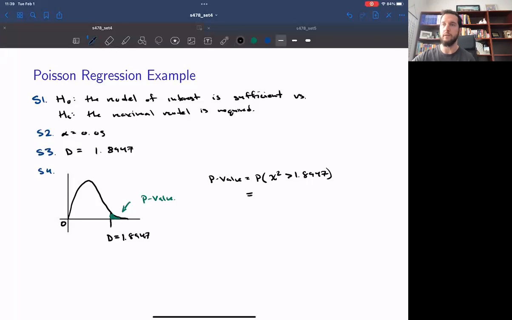From R, and again, we're going to show how this is true, you can find the p-value directly. The chi-square is going to be on n minus p degrees of freedom, so we have 1, 2, 3, 4, 5, 6, 7, 8, 9 observations minus 2 parameters, which is equal to 7.